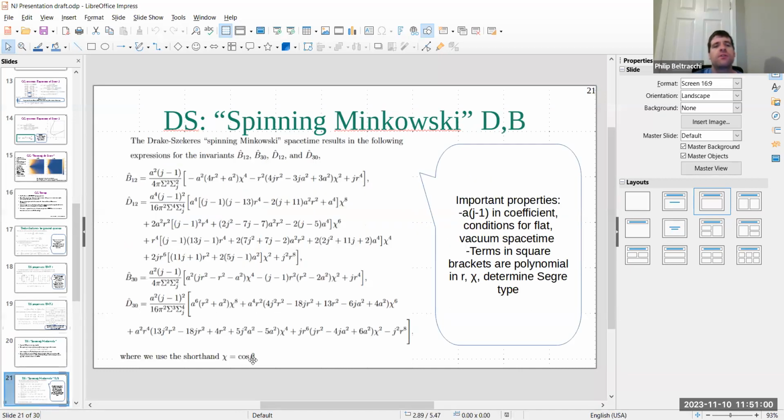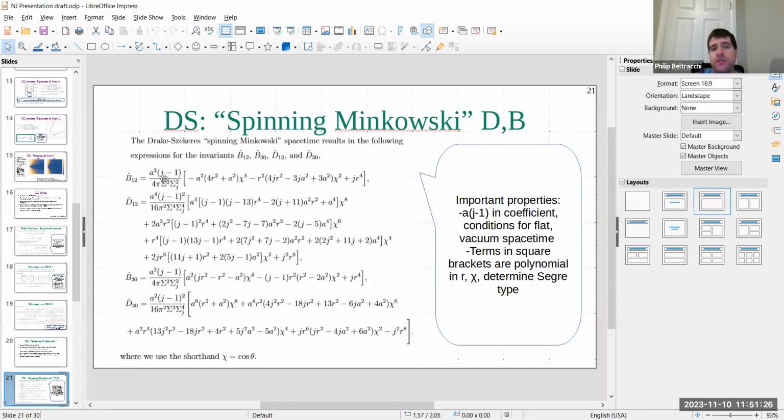So for spinning Minkowski, it is possible to actually write these traces and discriminants of the blocks on a slide. Because m is equal to 0, delta is positive, so it is the 3-0 block or T5 block, which could have the varying Segre type.